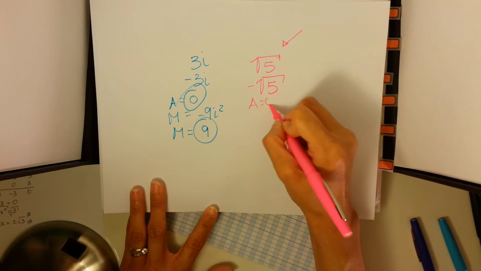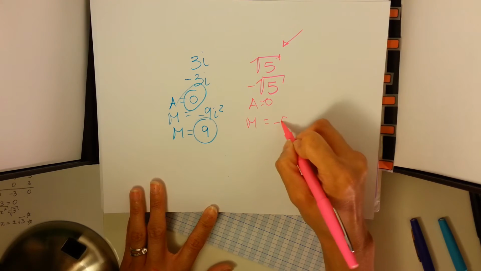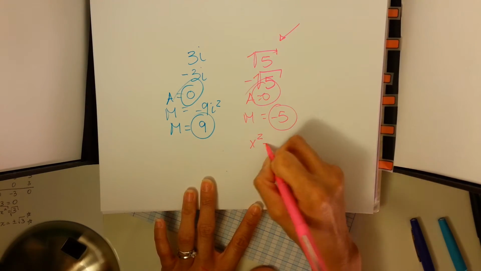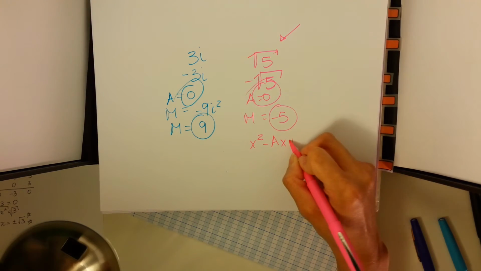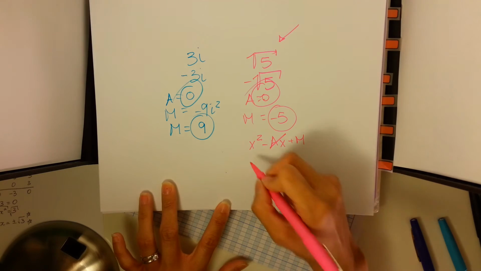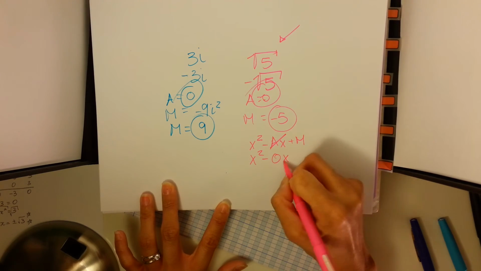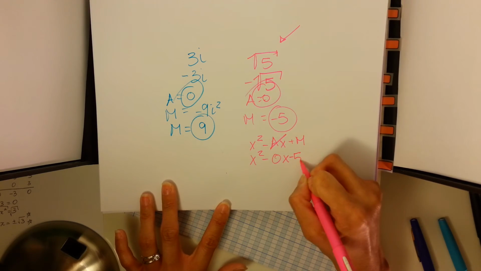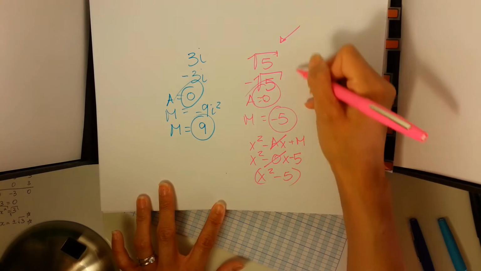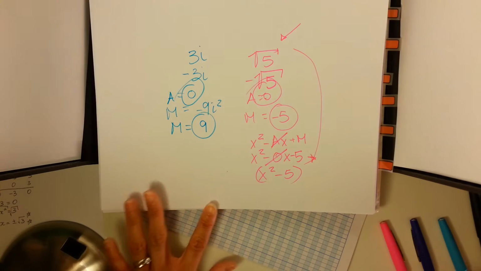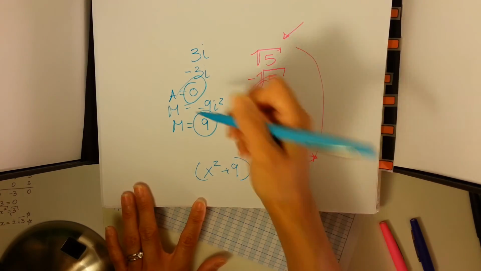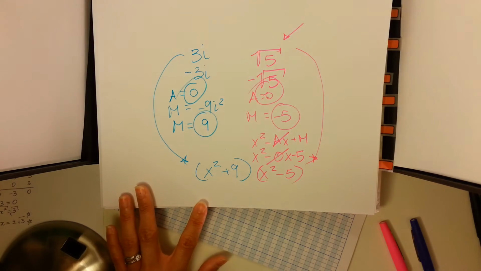This would add to 0 and multiply to a negative 5. Be careful when you are plugging into that trick polynomial. This term in the middle goes away, right? Because you have minus 0x plus, minus 5, there we go. So this is your simplest polynomial for these pairs, and this is your simplest polynomial for the complex pairs.